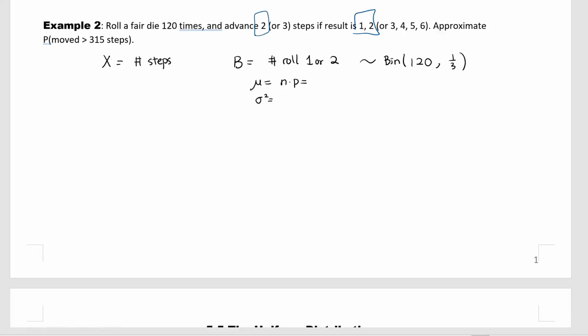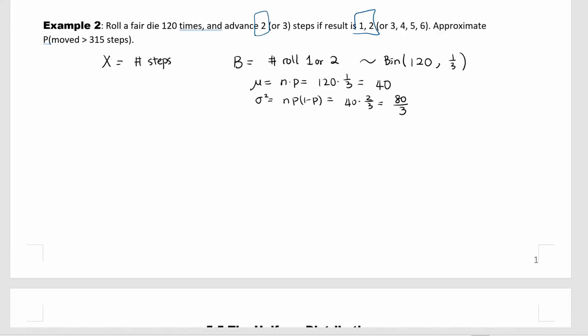If you don't, it's okay, you can always look them up on the formula sheet. 120 times 1/3 is 40. And the variance is np(1 minus p), so 40 times 2/3, which is 80 over 3.